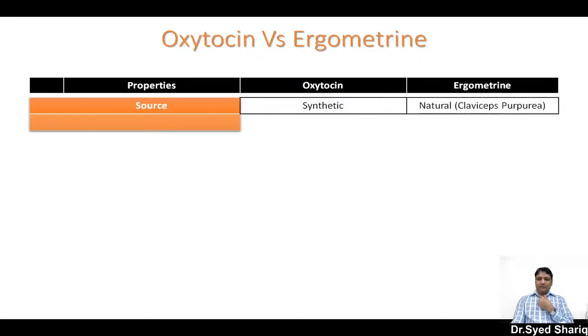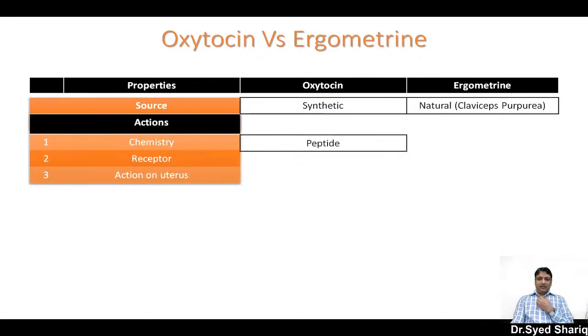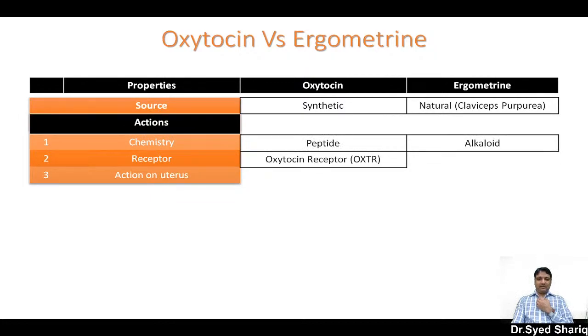Oxytocin is synthetic. Of course, ergometrine, as we said earlier, is derived from Claviceps purpurea, which is a fungus. Oxytocin is a peptide. Ergometrine is an alkaloid. Oxytocin binds to the oxytocin receptor. Ergometrine binds to the 5-HT2 receptor. It's an agonist on the 5-HT2 receptor.